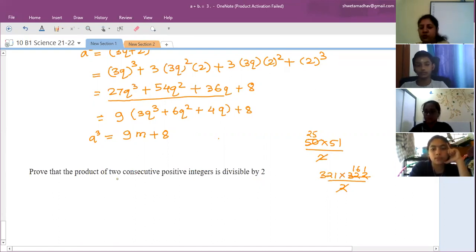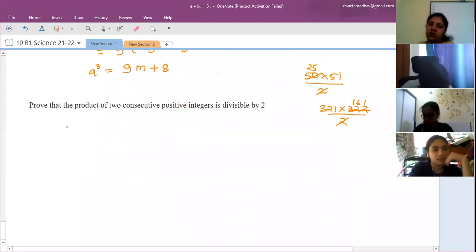Now we have to prove that by using Euclid's division lemma. So here, two consecutive integers, we can consider them as n and n plus 1.